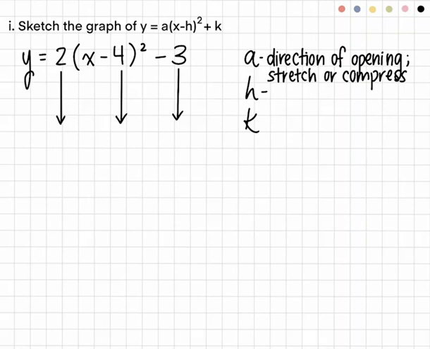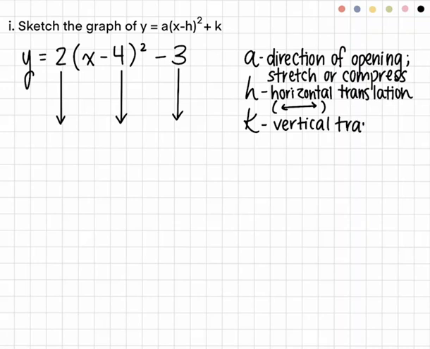H is going to tell us the horizontal translation. And K is going to tell us the vertical translation. Okay, so we'll leave this off to the side over here.